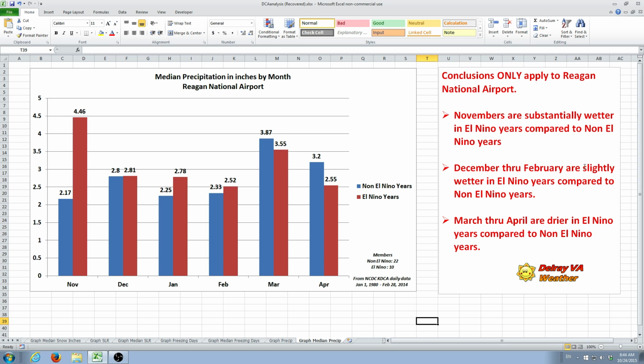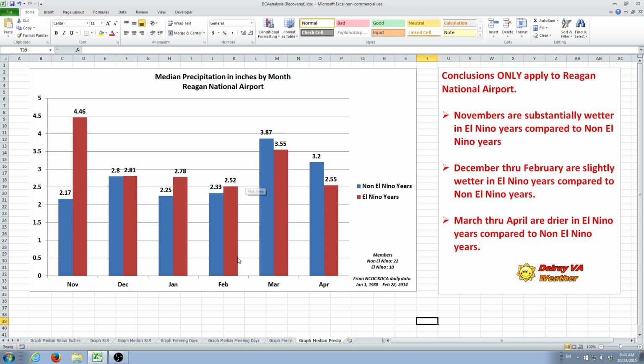December through February are slightly wetter in El Nino years compared to non-El Nino years. And you can see that here we have 2.81, here we have 2.78, which is higher than the blue. Here we have 2.52, which is higher than the blue. And so December through February, we do get slightly more precipitation in El Nino years.